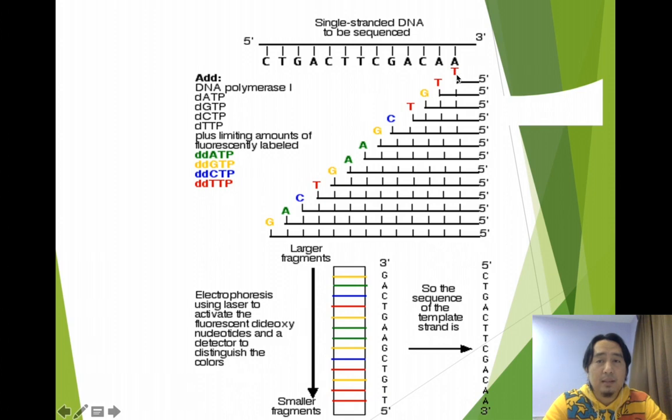For example, T here, so the DNA polymerase uses ddNTP, so it stopped. And the next one, the dNTP will be used, and the next one again ddNTP will be used, and elongation stops. So the elongation process proceeds like this, and each color pattern of the ddNTP is being detected by the detector.